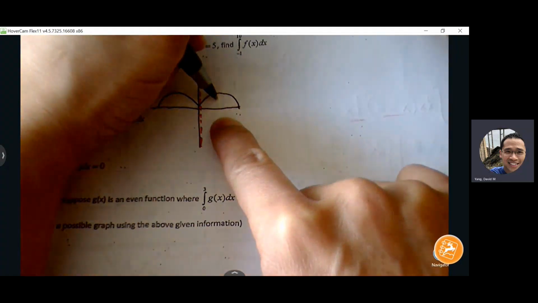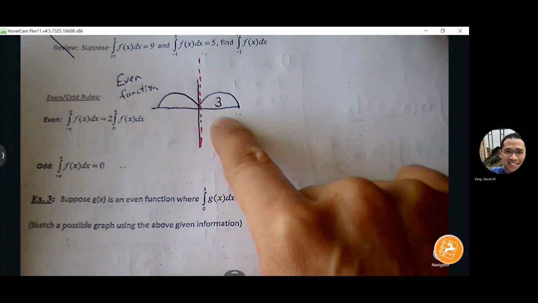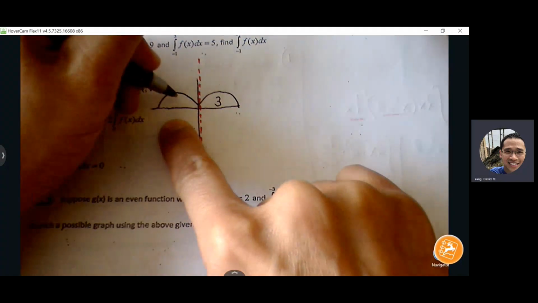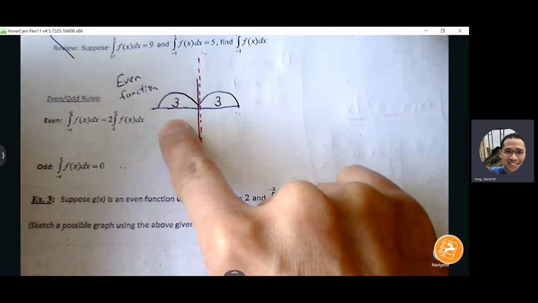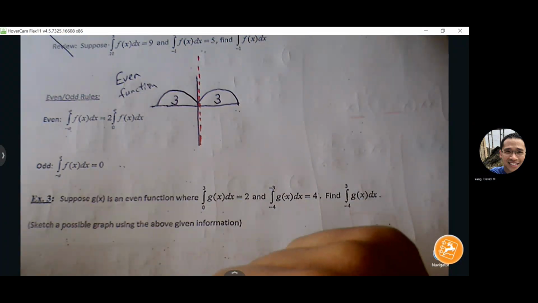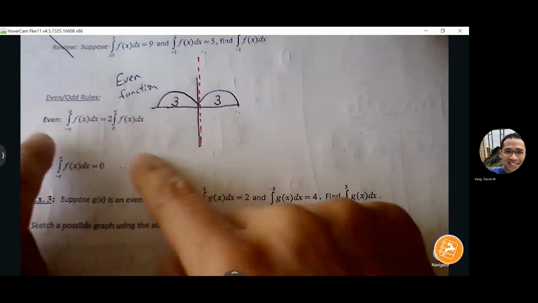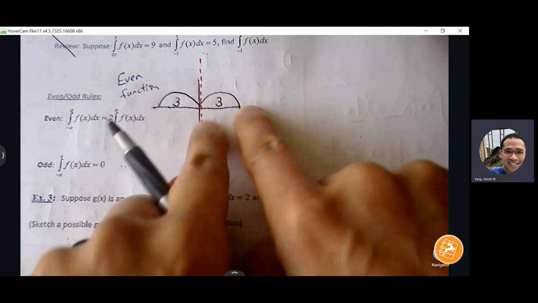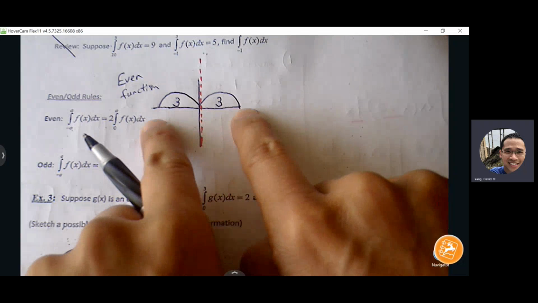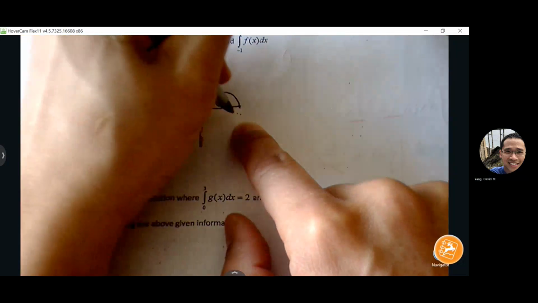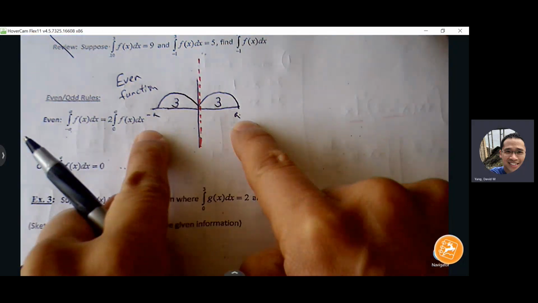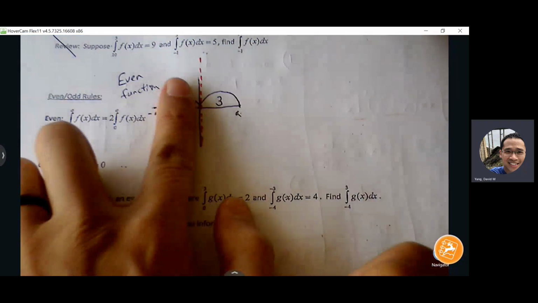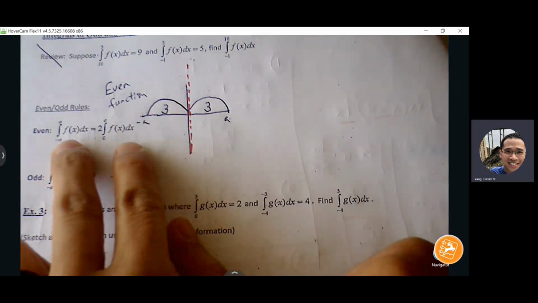So if there's an area of region 3, then an even function is going to mean that there must be an area of region 3 on the other side. Okay. So the rule just says if I take the full interval it's the same as if I just took half the interval and doubled it. Okay, that's what this property is saying.